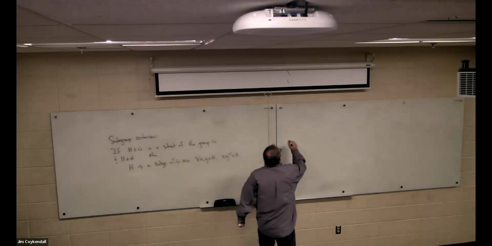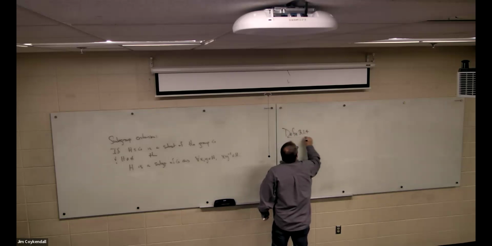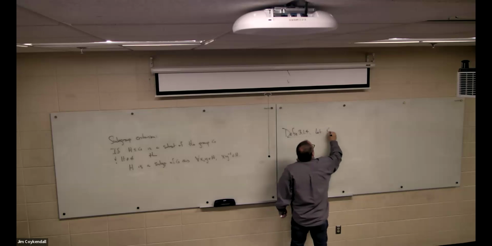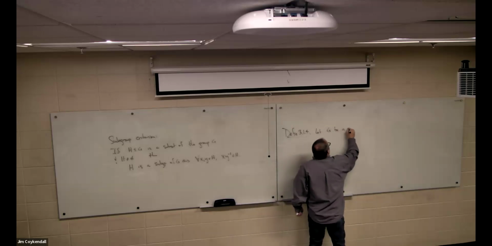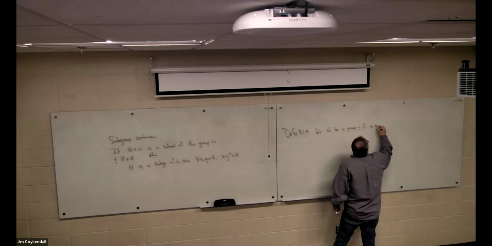Definition 314. Let G be a group and A a non-empty set.